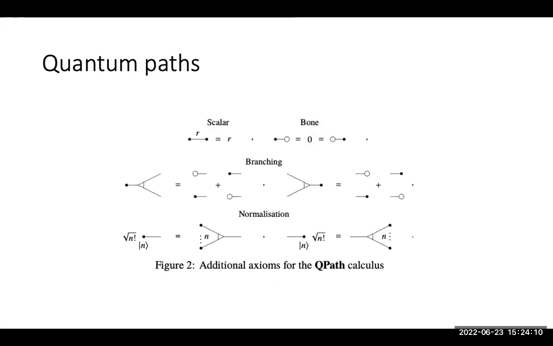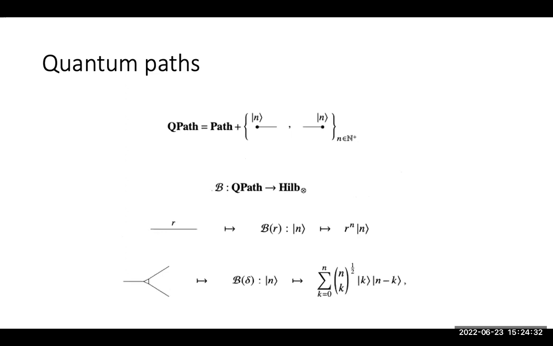Okay, so if we add some axioms, having added these creations and annihilations, we're going to have more equations and ways to reason about these diagrams. So we definitely have all the path axioms true in this new interpretation, because the semantics is just defined by functor composition.